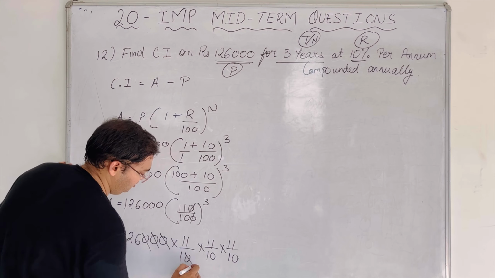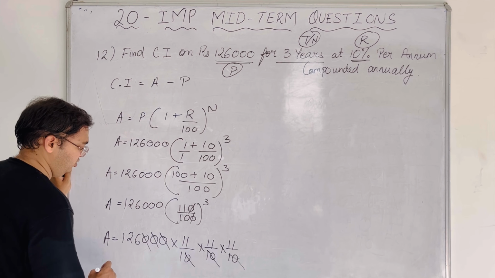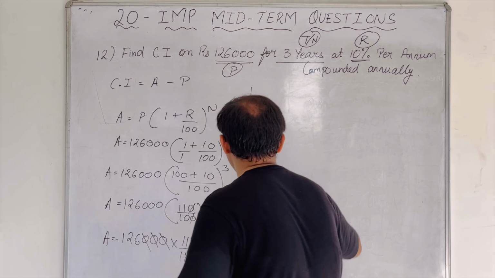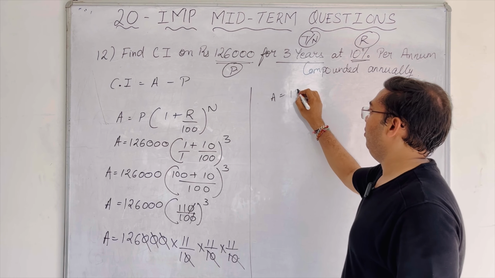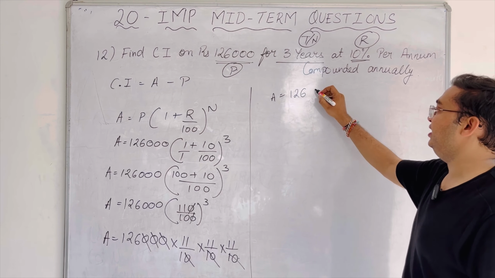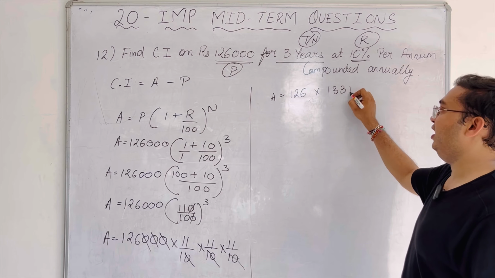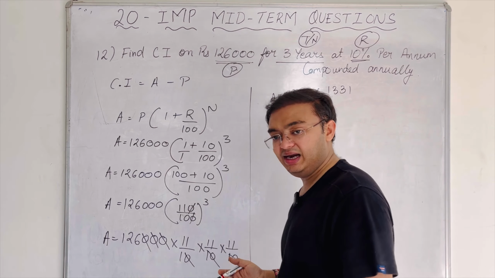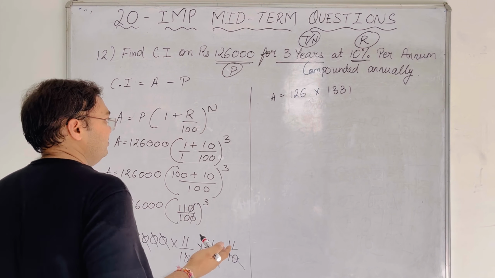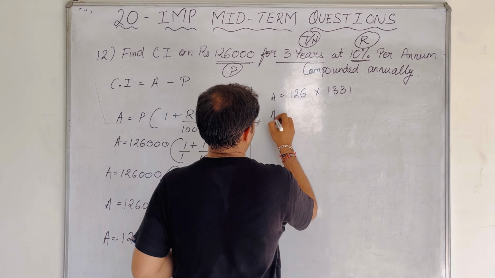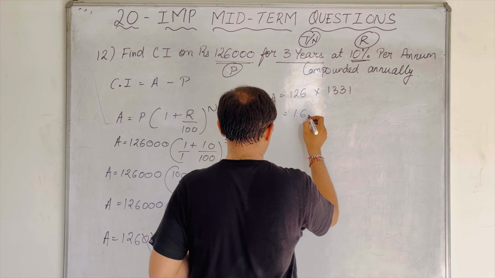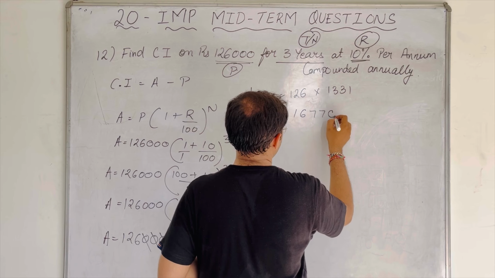1, 2, 3, the zeros cancel over here. So that means if I move it over here, then A equals 126 into 1331, because the cube is that only of 11. So let's multiply. So the amount is 1,67,706.